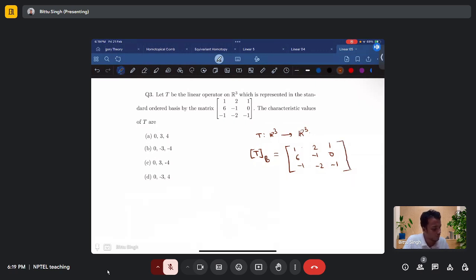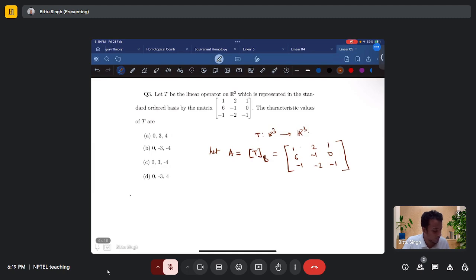So how do we find eigenvalues? Let A be the matrix. Then eigenvalues can be obtained by the characteristic polynomial. So let me write the characteristic equation. The characteristic equation is denoted by chi A of x equal to 0.